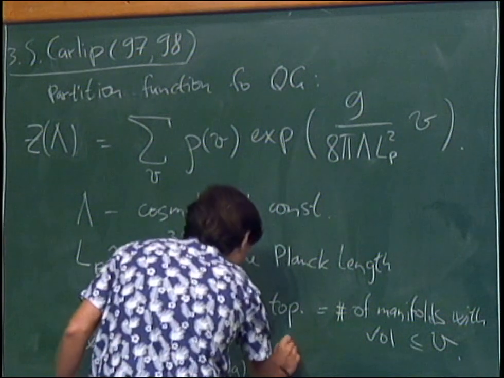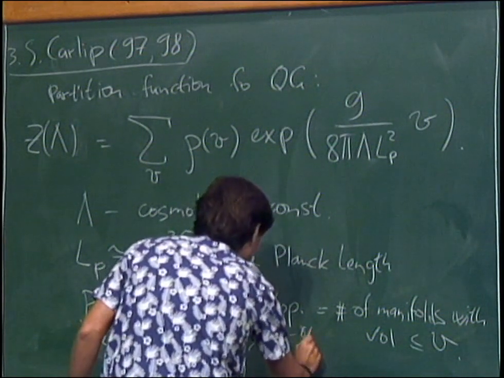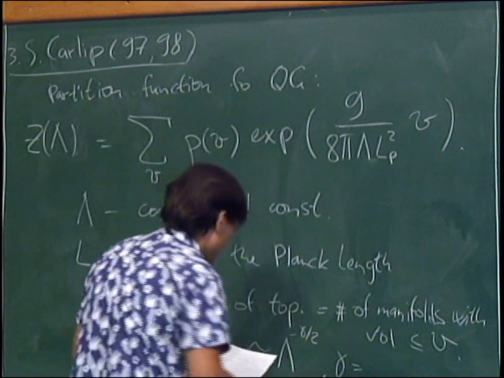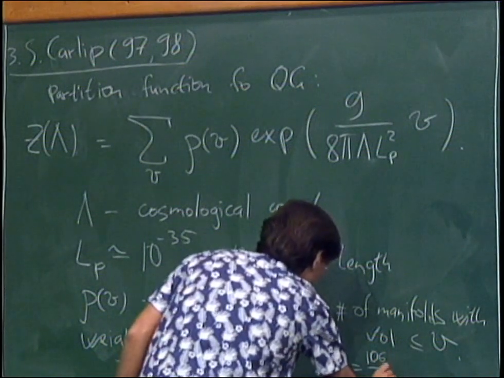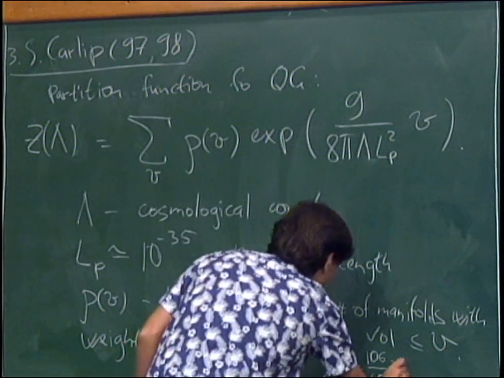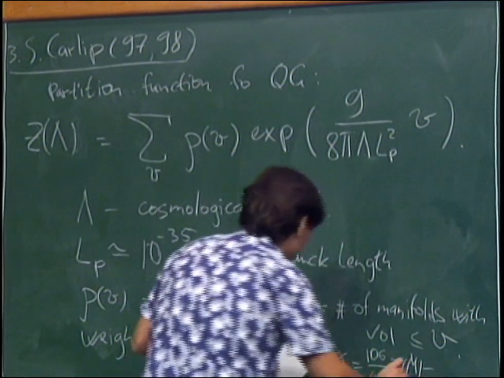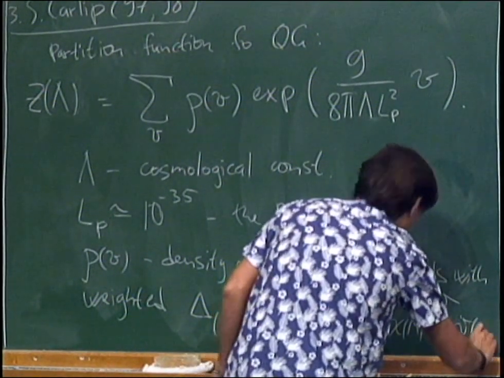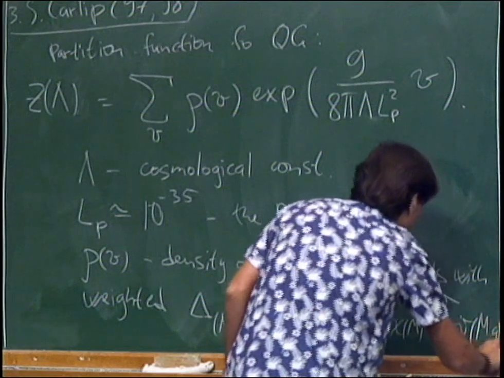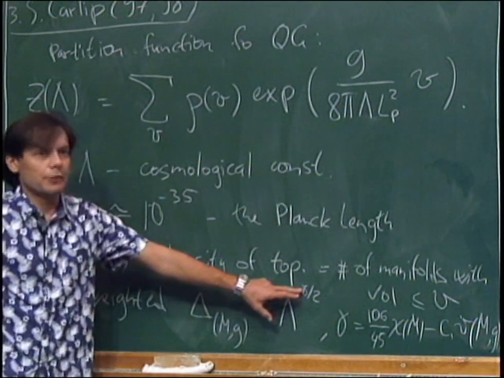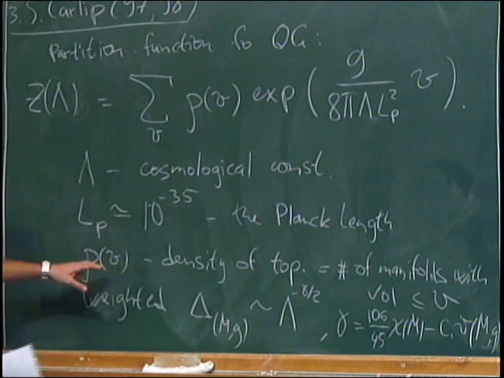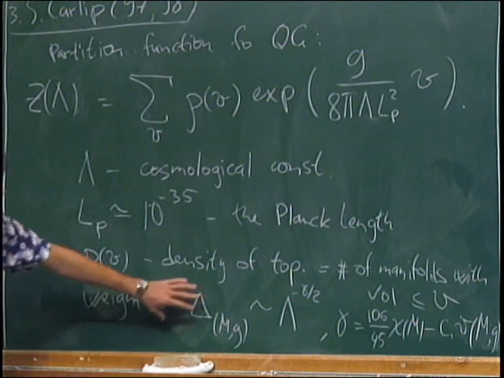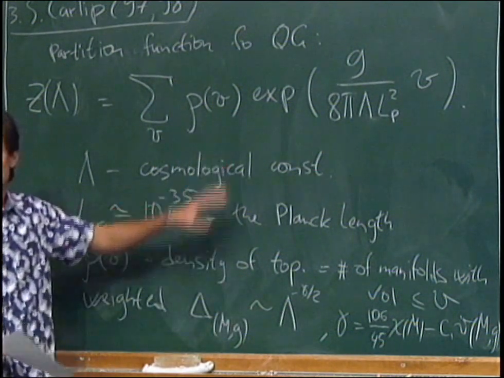Again, this is the cosmological constant to the power minus gamma over 2, where gamma is, okay, this is a correlation factor, which is actually written explicitly as some constant multiplied by the Euler characteristic of the manifold minus some other constant multiplied by the volume of M. Well, the point is that this function is an exponential in volume, and there is a counterplay between the actual number of manifolds, which he compares to entropy, and this, which he called the action exponential correction.